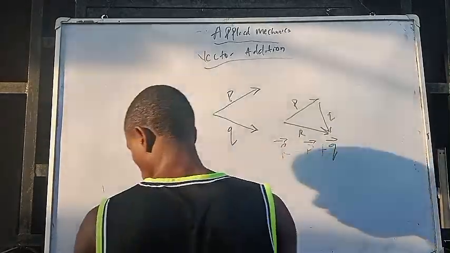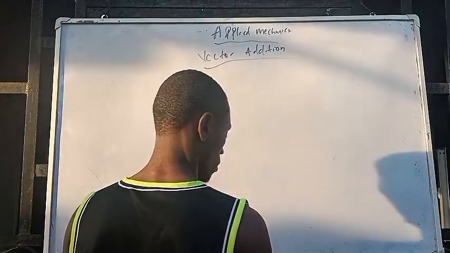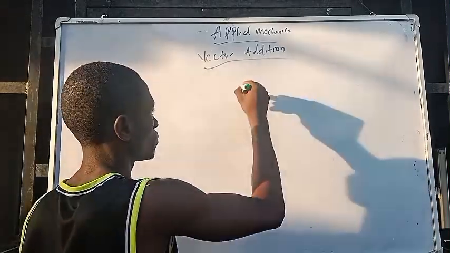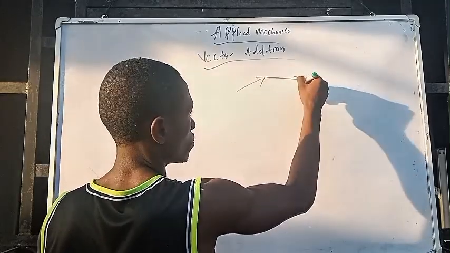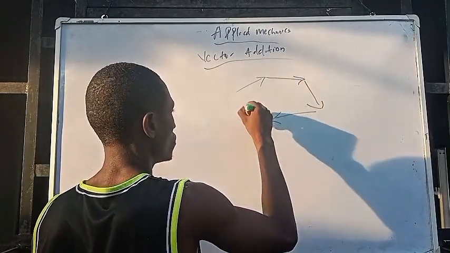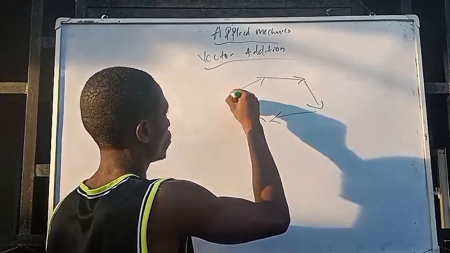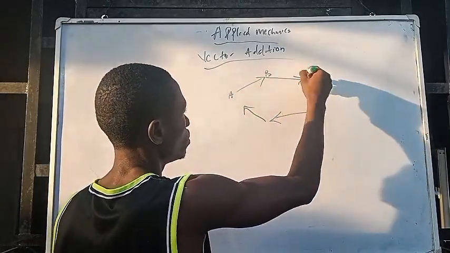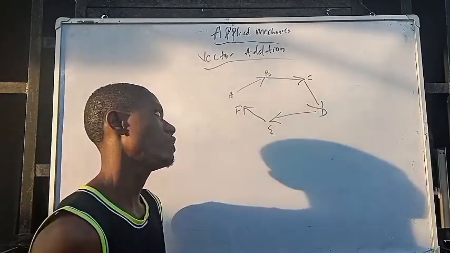So therefore, what if we have this type of vector? Remember, here we can call this from here to here A, B, C, D, E, F. Look at this kind of vector.